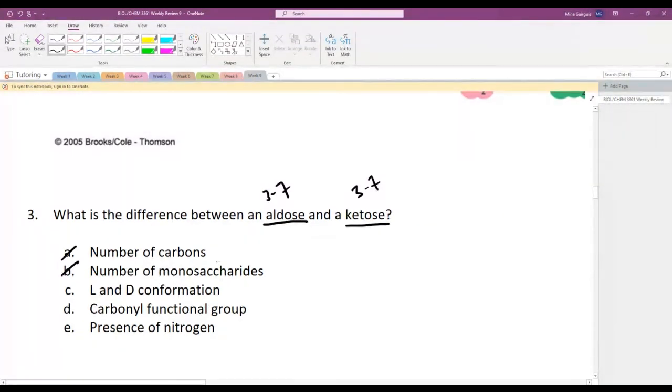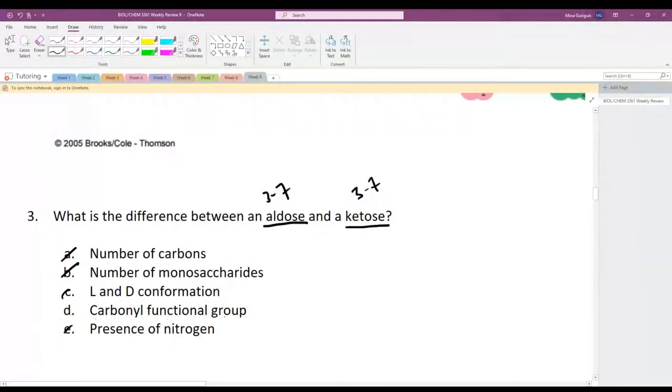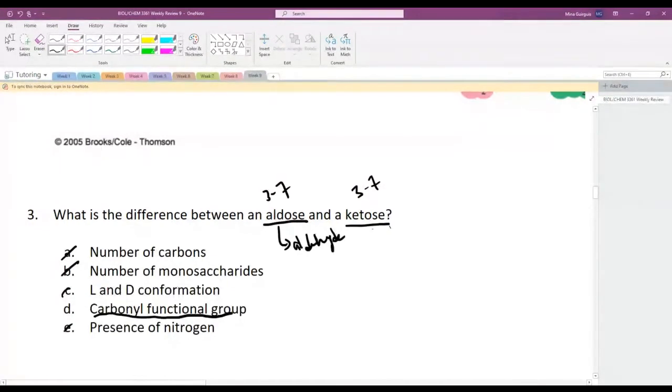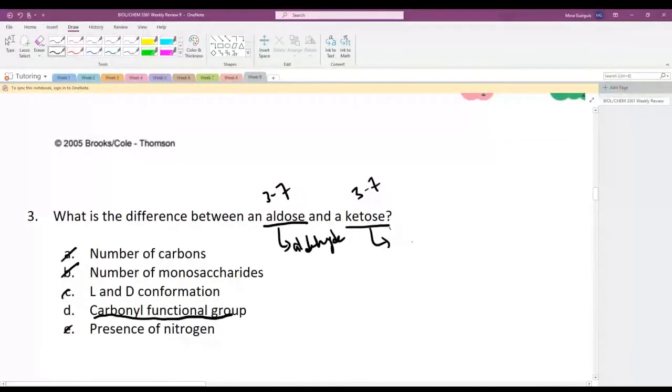L conformation and D conformation. Well, L and D correspond to the conformation of an aldose or the conformation of a ketose. Not really relevant here. Finally, nitrogen, not really relevant. The difference, as I'm sure many of you guessed from your background in organic chemistry, is the carbonyl functional group. Aldoses have, exactly as their name would suggest, aldehydes for their carbonyl, and ketoses have ketones.